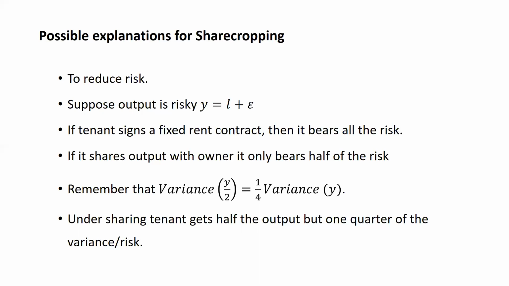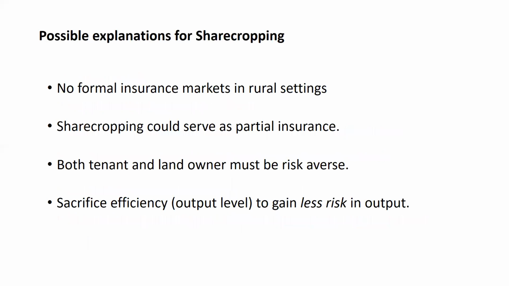And so the reason we may observe sharecropping may have to do with the fact that it provides some kind of insurance for farmers. So with sharecropping, even though you sacrifice a certain degree of efficiency and you're going to produce less output, you gain in the fact that now you're going to have less risk.